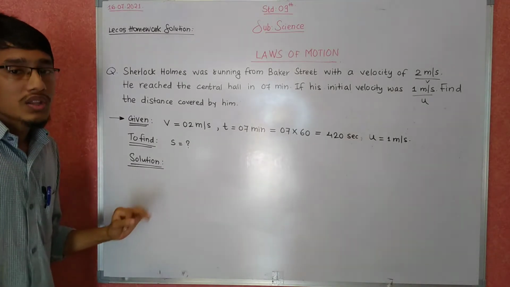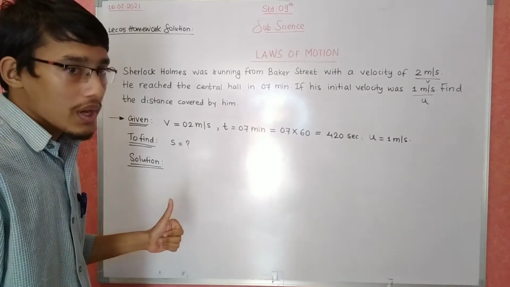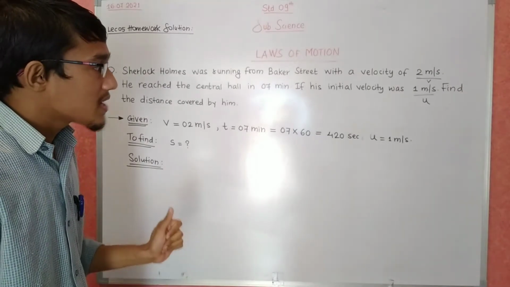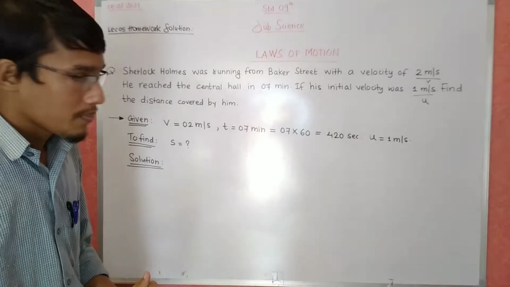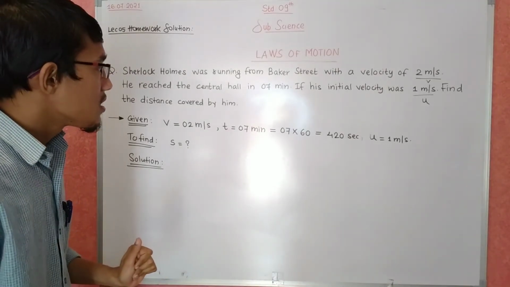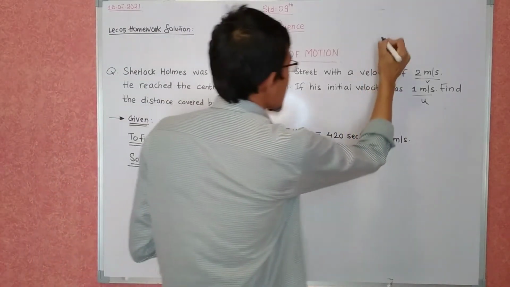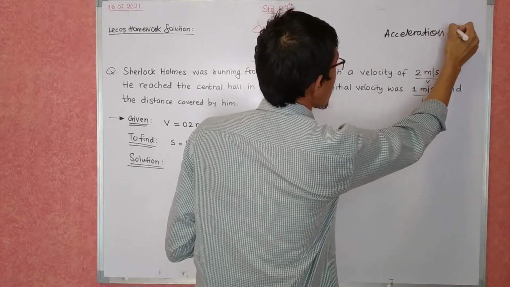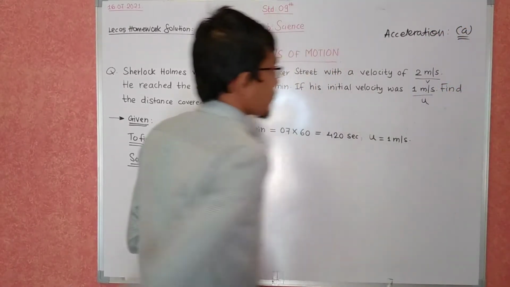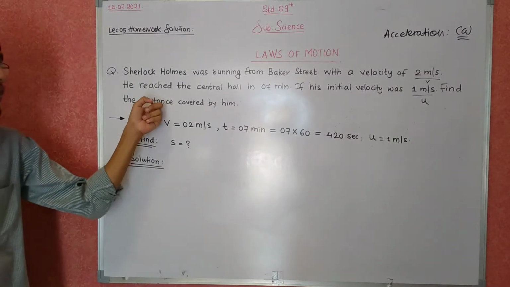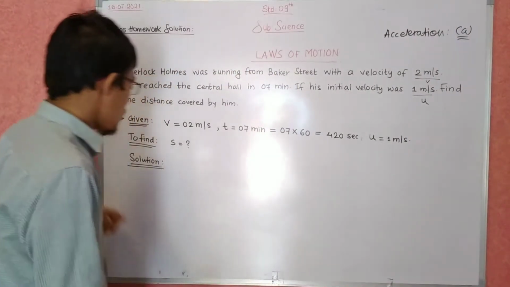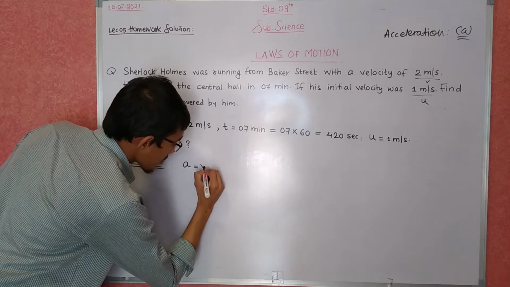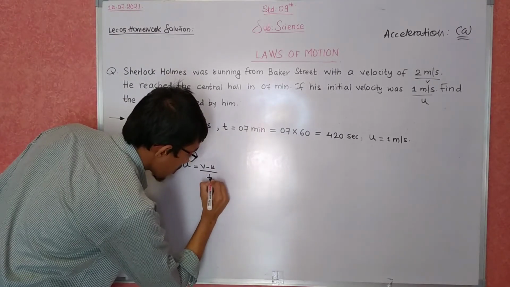We know the three kinematical equations: v square is equal to u square plus 2as, v is equal to u plus at, and s is equal to ut plus half at square. In all three equations there is one term which is acceleration, a. So for finding the distance, first we have to find the value of acceleration. The formula of acceleration: small a is equal to small v minus small u upon time t.